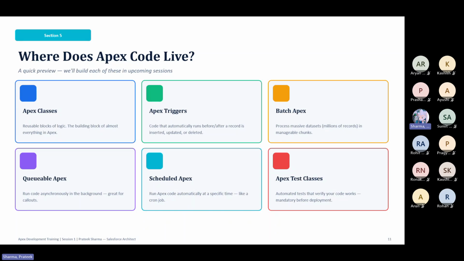So these are the 6 things that you will create using Apex, and we will learn the use case of each one of these. We will create some live scenarios using each of these, and I will use a small project at the end of each of these topics.